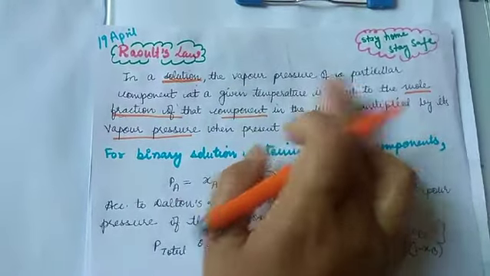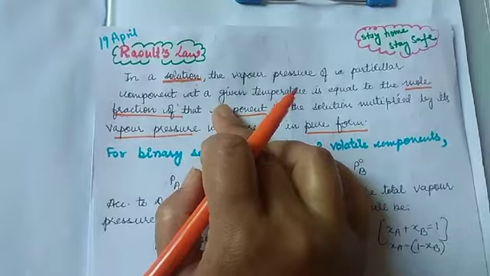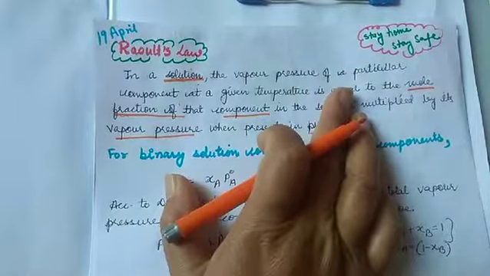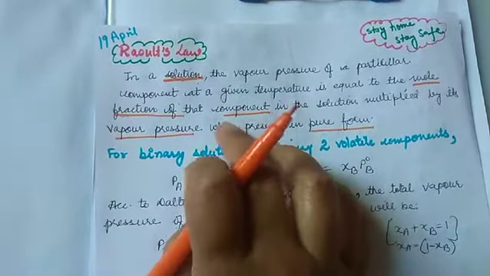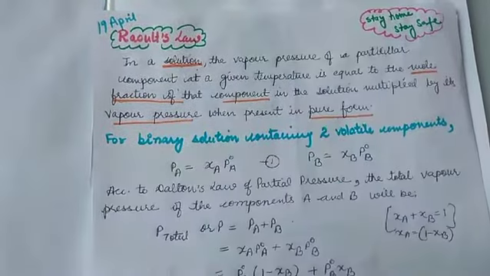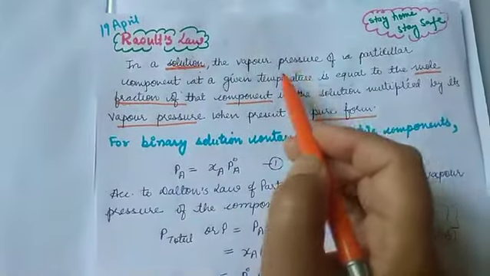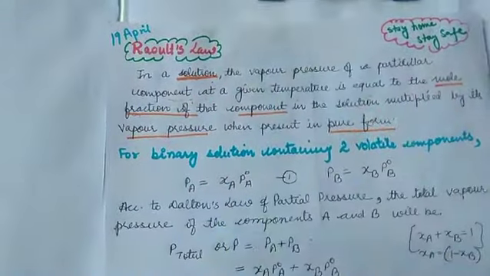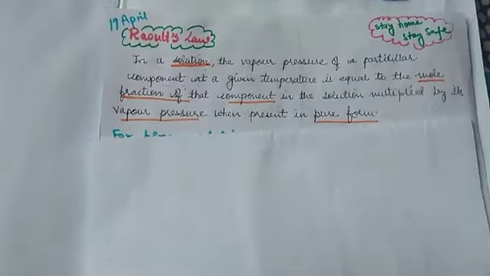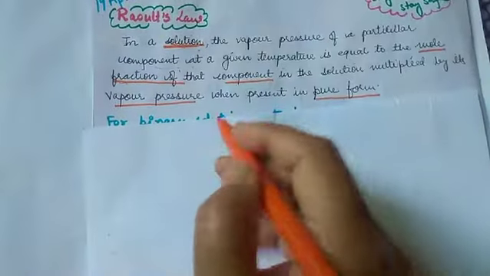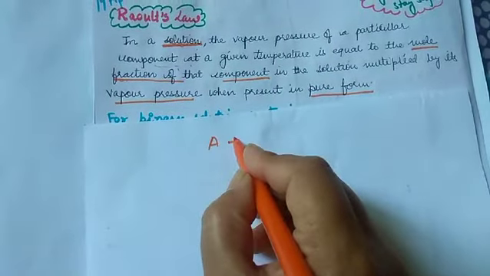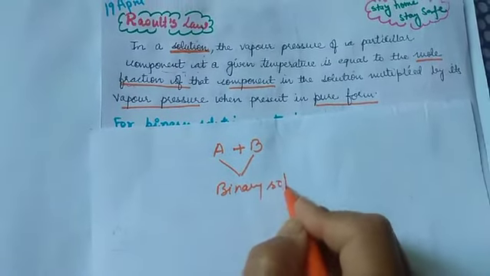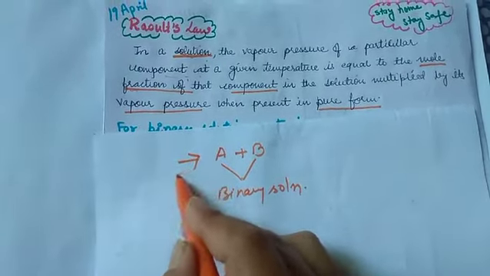Now, the vapor pressure of a particular component. Suppose we have to calculate it in a solution, we have to apply this Raoult's law. Suppose we will take component A. In the binary solution A plus B, we are taking component A. So the vapor pressure of that particular component, here we have taken A. This is the binary solution, now applying Raoult's law to this.